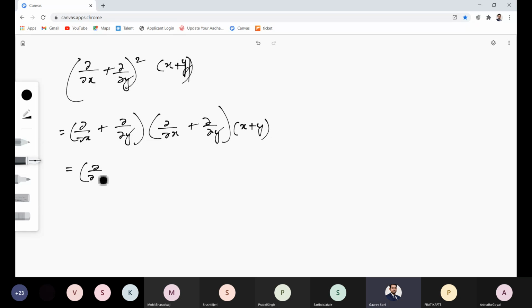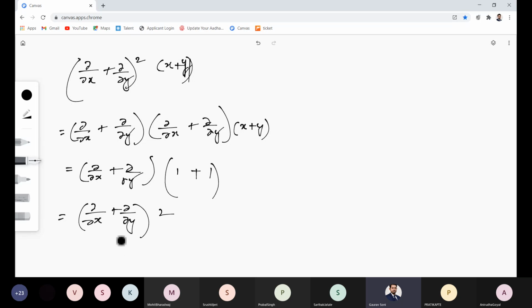Open the bracket, first one. So x plus y partial derivative with respect to x will become 1, plus partial derivative of x plus y with respect to y will become 1, right? So del by del x plus del by del y of 2.